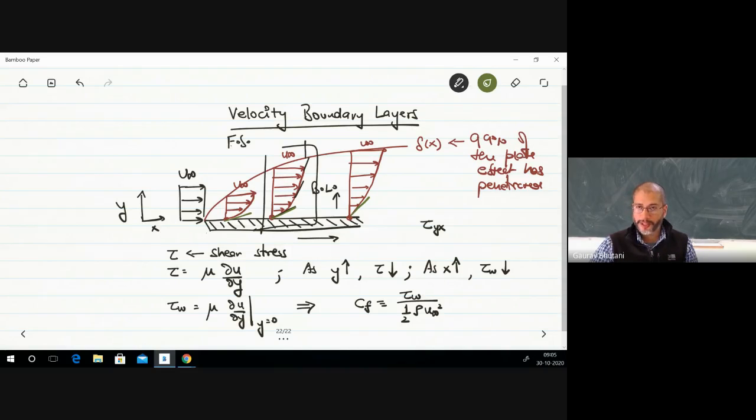This slope is decreasing. So what we're seeing is that the friction that the fluid applies on the solid is very high near the leading edge, and as you go further away from the point where the fluid hits the solid, the friction force it applies on the solid is reducing. The wall shear stress is reducing. Again, from fluid mechanics, this has a lot of implications.